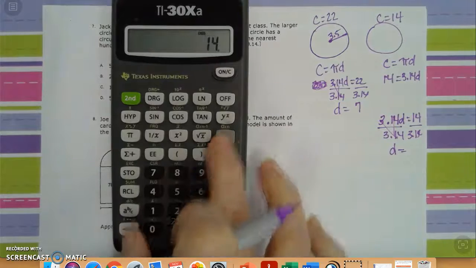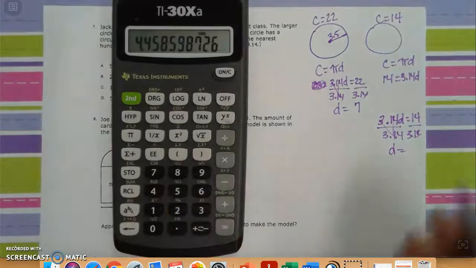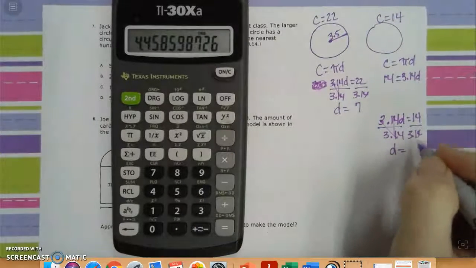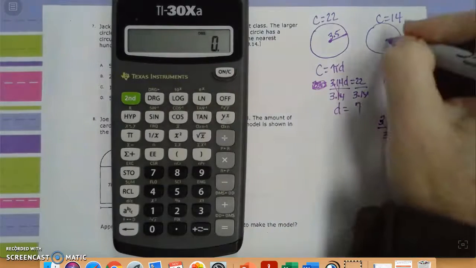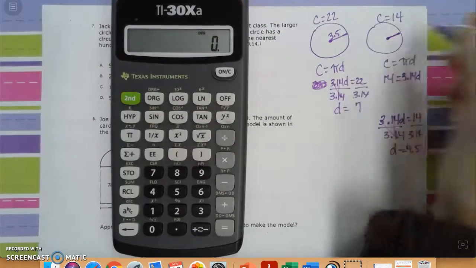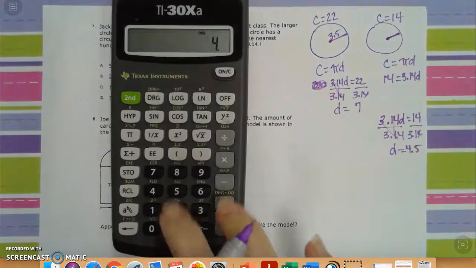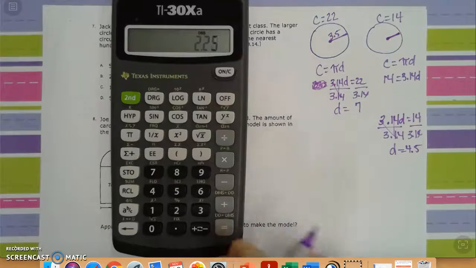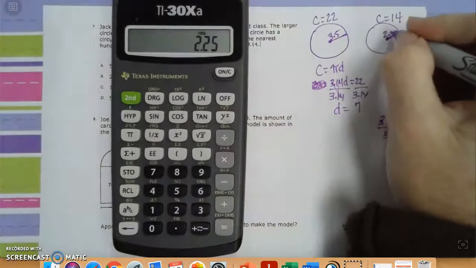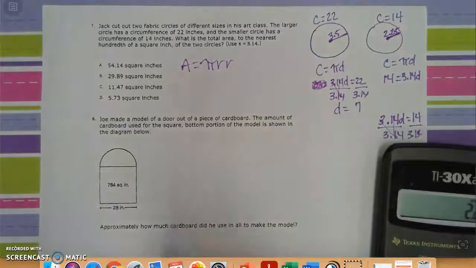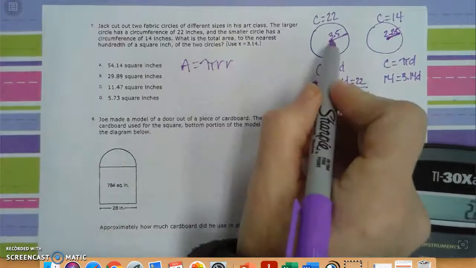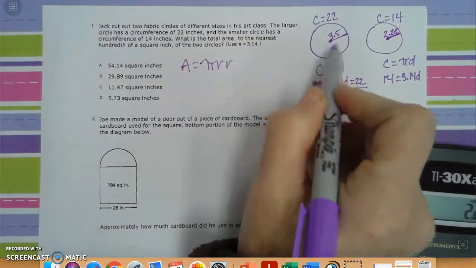So 14 divided by 3.14 equals, I'm going to round that to 4.5. So if I round that to 4.5, I need to figure out what is half of that. You can probably do it in your head, but if you need to divide it, it's okay. So 2.25.